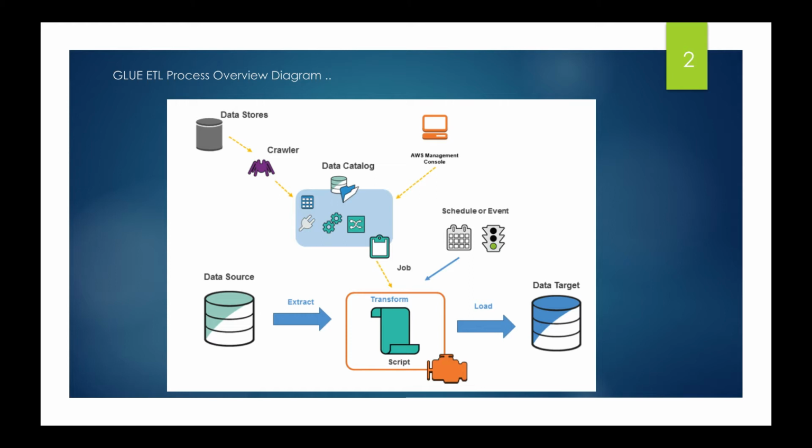I am going to focus more on the ETL transformations: how we can transform, and what is the easiest way to do transformations like a join, any kind of mapping, or removing a column.